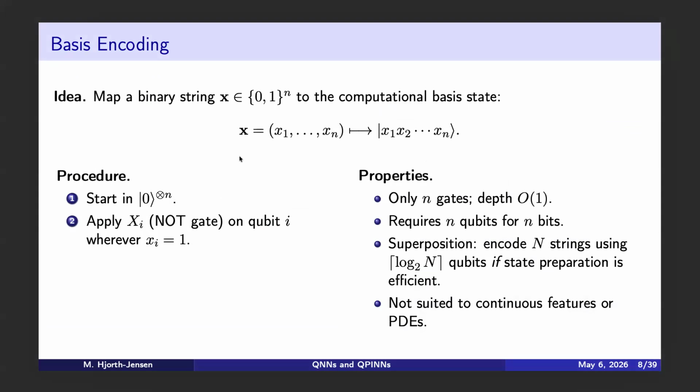So that's the first step. The property is that you only have n gates. So this is the depth. It's one operation on each qubit. But the drawback is that it requires n qubits for n bits. Okay?